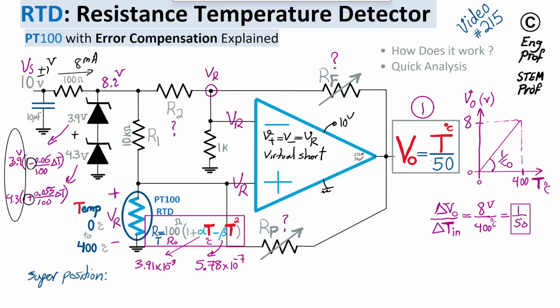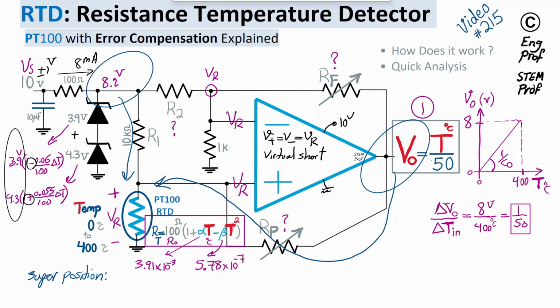For superposition, I'm going to think of contributing 8.2 to the voltage here, and I'm going to consider the contribution of V out to the voltage here. So there are two forces. So VRTD, or basically just VR, the voltage across the RTD, is effectively a voltage divider. Let's just focus on 8.2 as if V out is not there. That's the meaning of superposition.